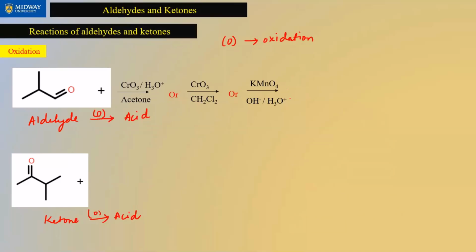So if you throw any of this reagent into this reaction mixture, all you're going to do is write pretty much everything the same for an aldehyde, even including the O, and just add an OH to the carbon that contained the double bond O. That's simple. Whereas with this ketone, you are going to chop right here. Oops, sorry. Right where the carbon containing the double bond O is, we're going to produce two acid products, okay?